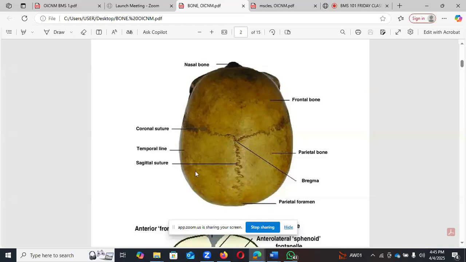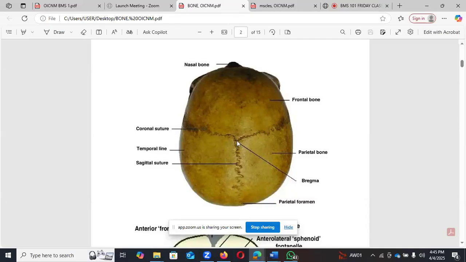You have another suture here, which is the sagittal suture. You can see it, it goes vertical, to make the letter T with the coronal suture.